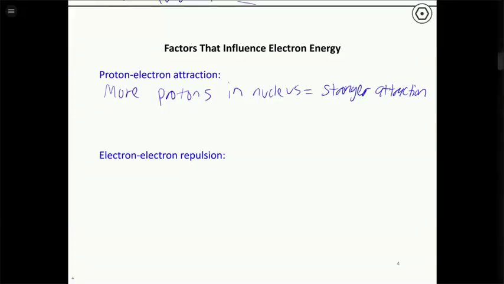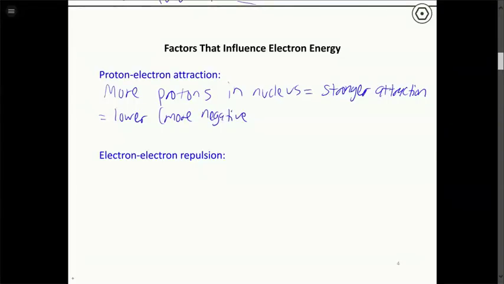So the strength of that attraction depends on how many protons are in the nucleus to be attracted to that electron. And this results in a lower, or more negative, energy value. So the more protons you put into the nucleus, the stronger the attraction, the lower the energy of the electron is going to be.